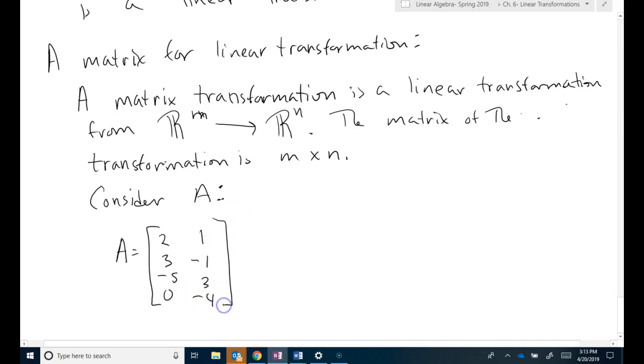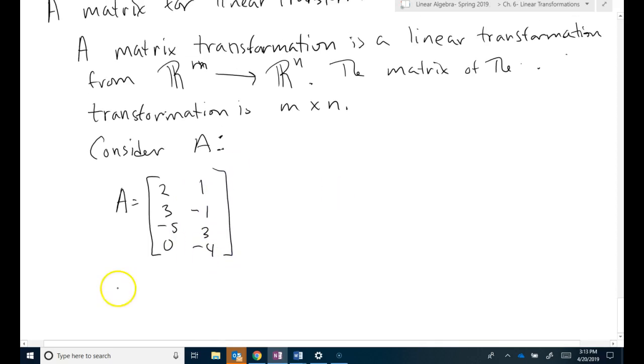And what we're going to say is that A is a linear transformation, and it goes from, excuse me, this should be Rn to Rm.